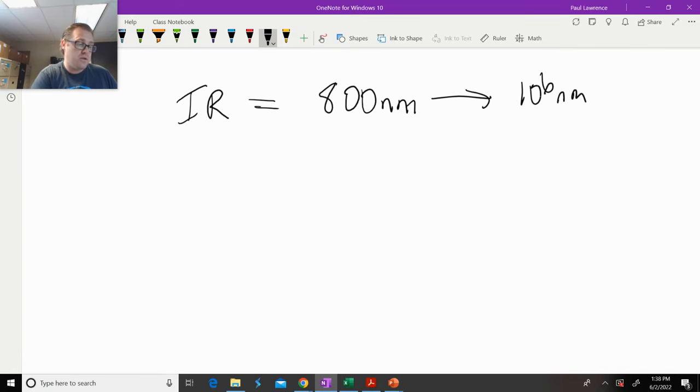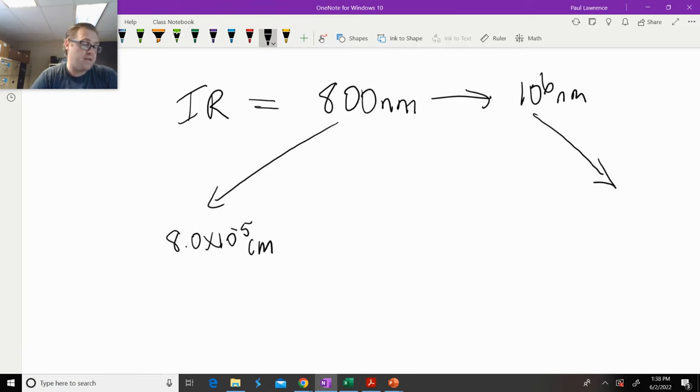So we're going to take that and convert it to centimeters: 8.0 times 10 to the negative 5 centimeters. That's just a simple conversion, going from nanometers to centimeters. If we do the same for that side, we're going to get 0.1 centimeters.